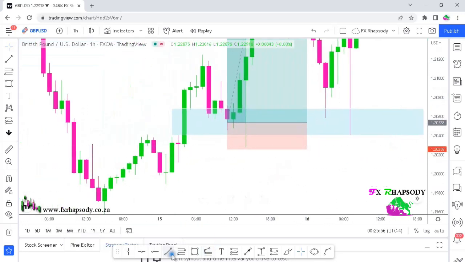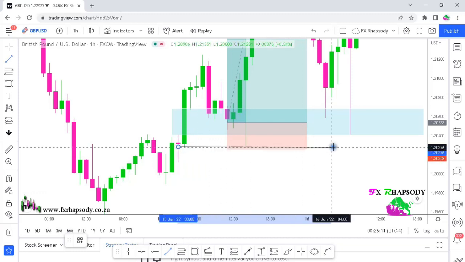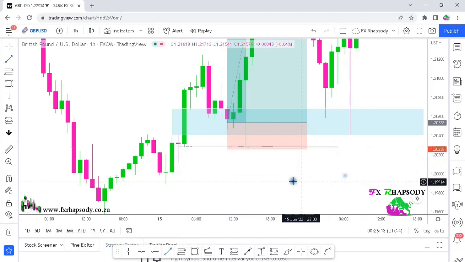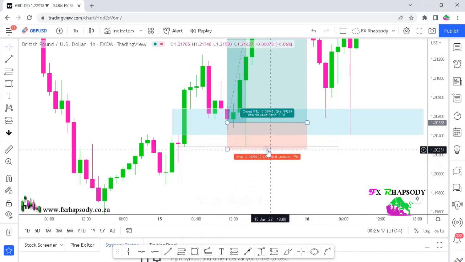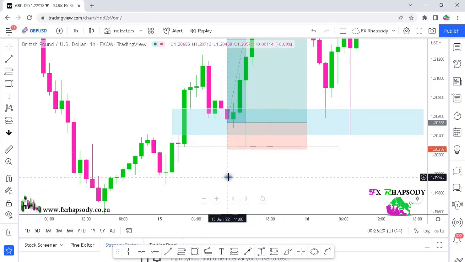You have this candle over here, that's your candle that breaks your structure. The low of that candle is going to be there. I'm just going to highlight that out for you. That's your low, and you would want your stops just below that low of that candle.